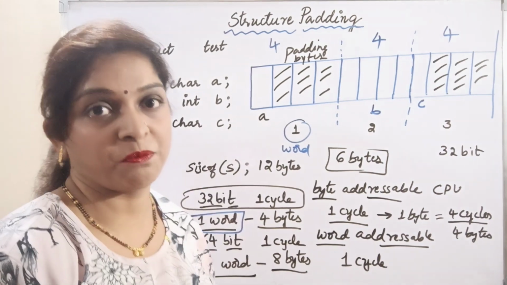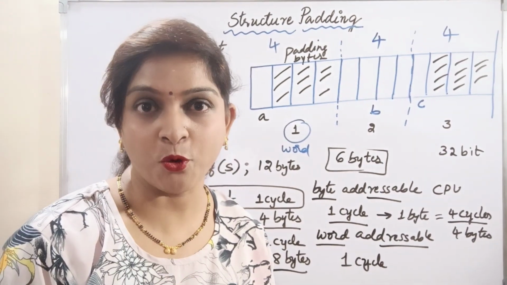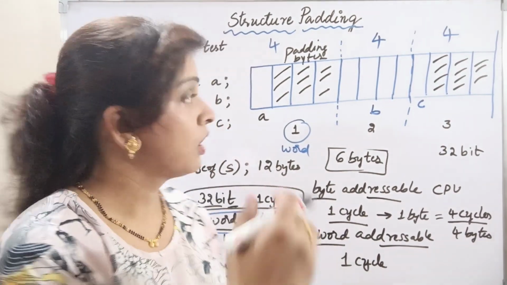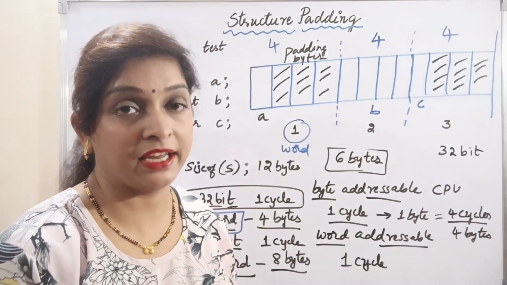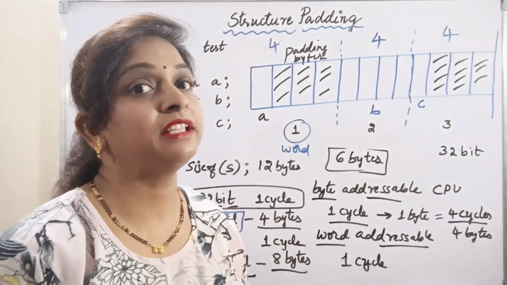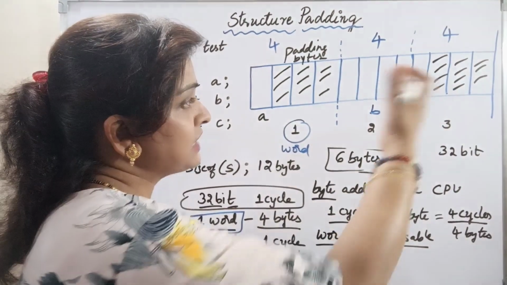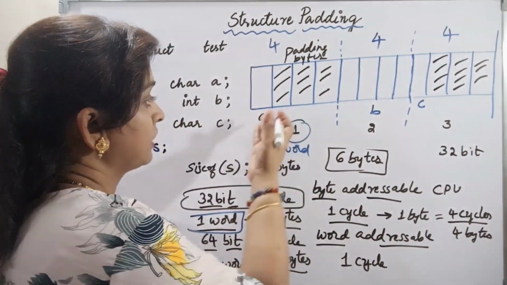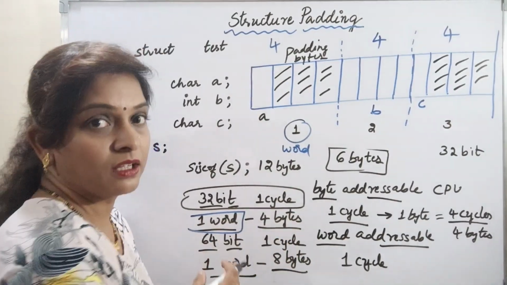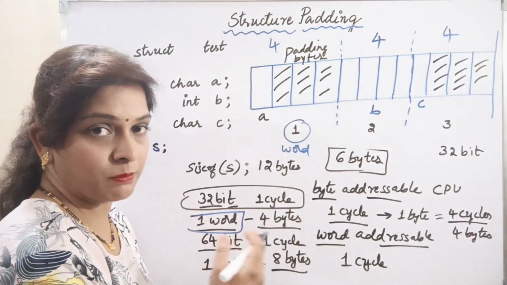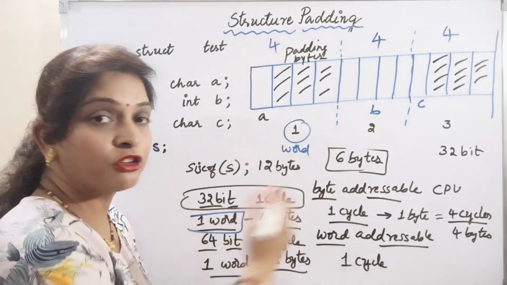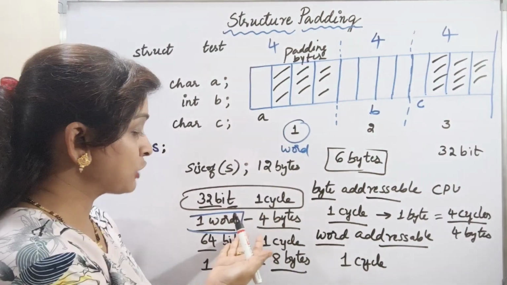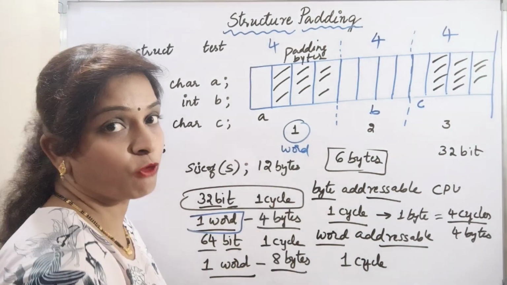How to overcome this? As a programmer, we should know how to align the data or how to create the members. This data alignment will be done by the compiler itself, because depending upon the CPU architecture of the hardware, it is going to fill the bytes. For a 32-bit machine, it is 4 bytes.